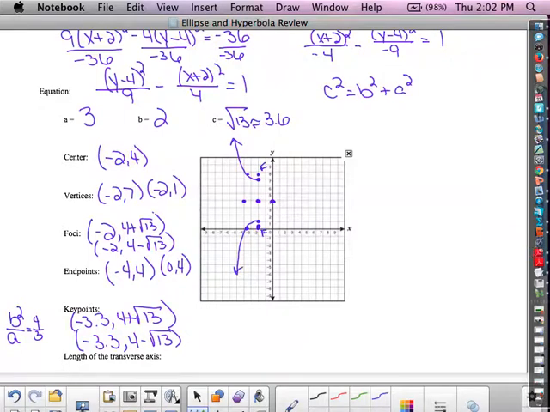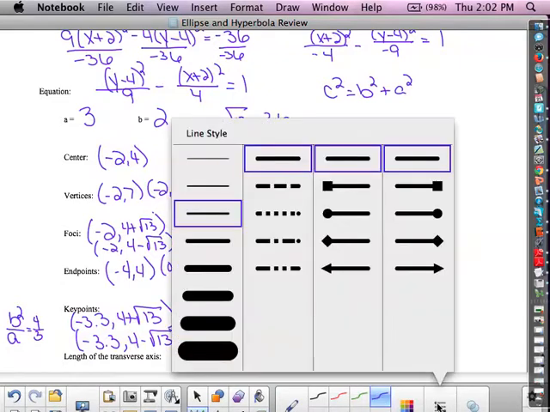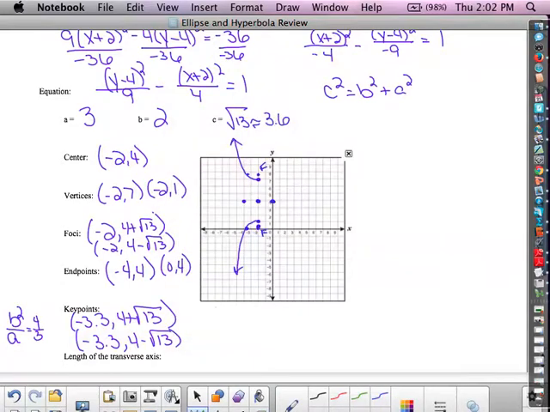Then go to the other foci, which is at minus 2, comma 4 minus root 13. And again, you're going to add and subtract that 1.3 from the x-coordinate. Sorry, to back up.